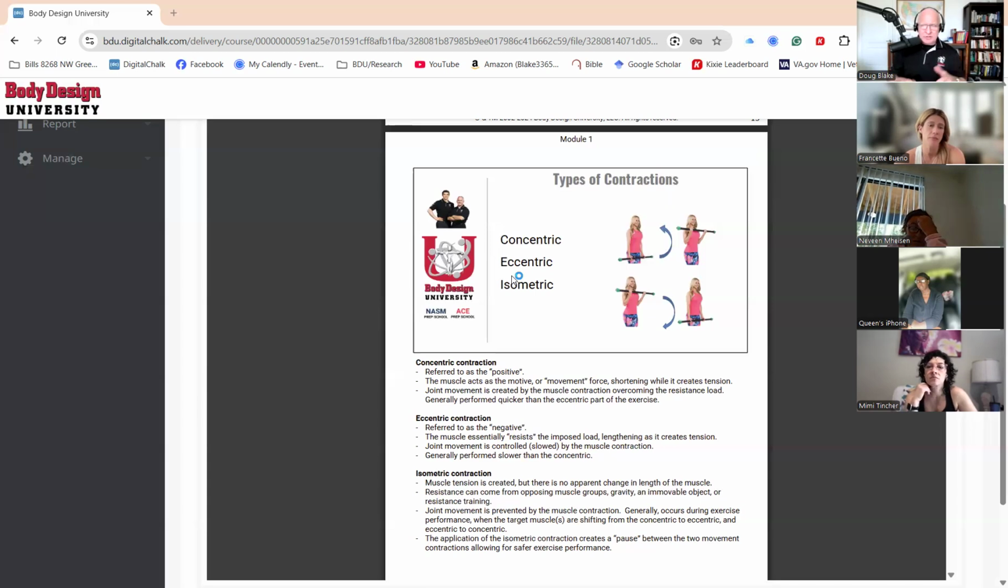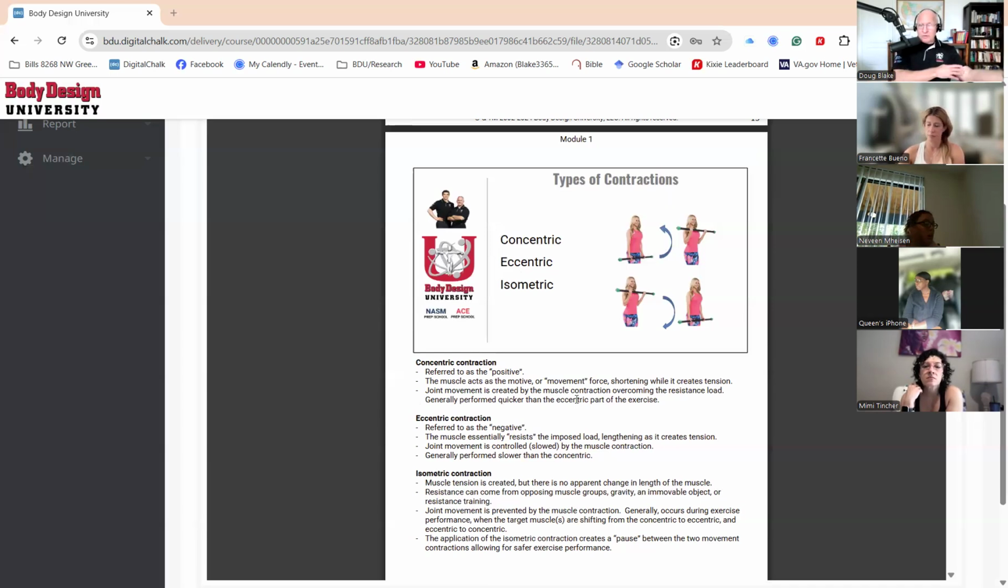So the concentric contraction is simply the muscle is under tension. Whatever load is causing that tension is not what we're interested in talking about. It's just the fact that it's an actual level of tension that is generated. And then the muscle, the bicep in this case, is actually able to shorten and oppose that load. Got it? So if you read what I wrote here, shortening while it creates tension, joint movement is created, right?